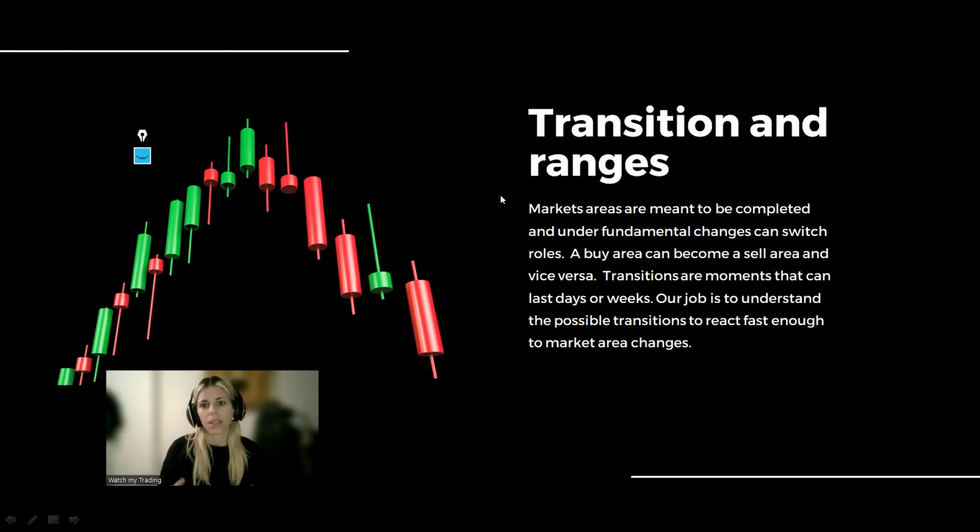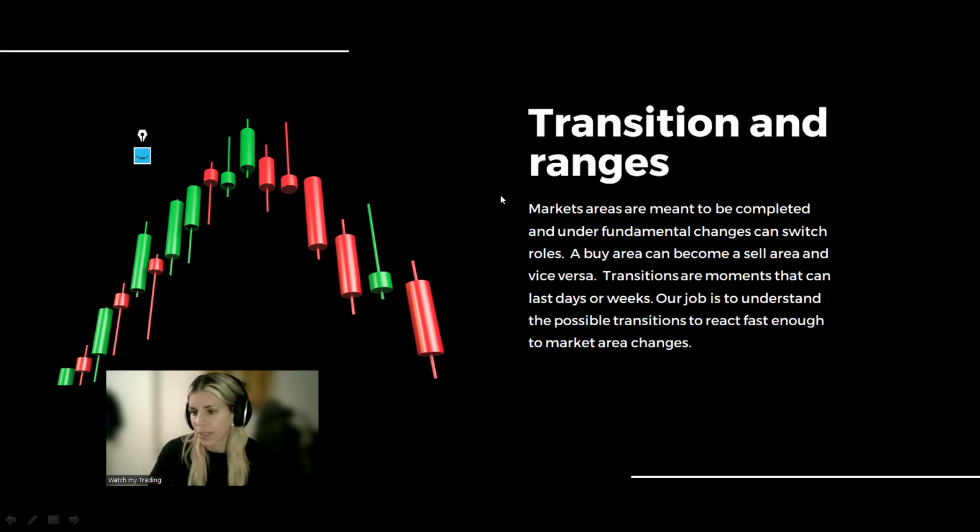So market areas are meant to be completed. That means once we start in a buyer's market area in a year, it's supposed to stay in the buy market area the full year, unless something changes in the middle.